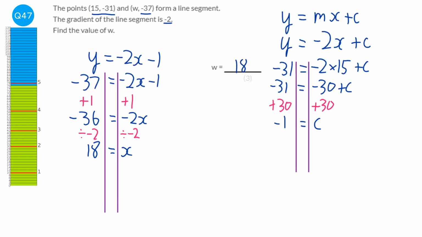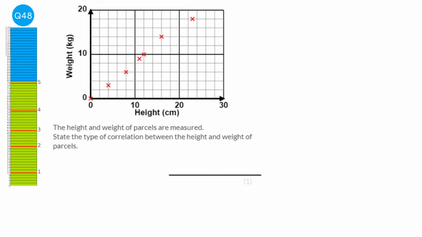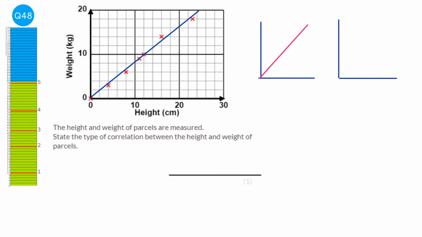So w is 18. So we can quickly draw a line of best fit for here. And it looks something like that. And if our line of best fit is increasing like we have here, then we say the data is positive. If, however, the line of best fit is decreasing and looks like this, we say that it's a negative correlation.